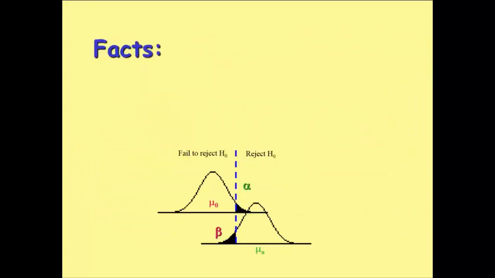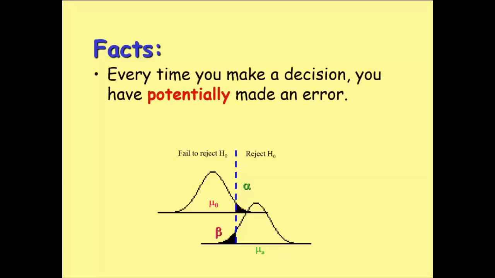Okay, so every time we make a decision, we have some sort of potential to have an error, just based on how rare the data is and what's actually happening in the real world. Interestingly enough, the alpha and the beta, the type 1 and type 2 error, are inversely related, which simply means if I don't want type 1 error to occur, that means I loosen up the standards for type 2 error to occur.